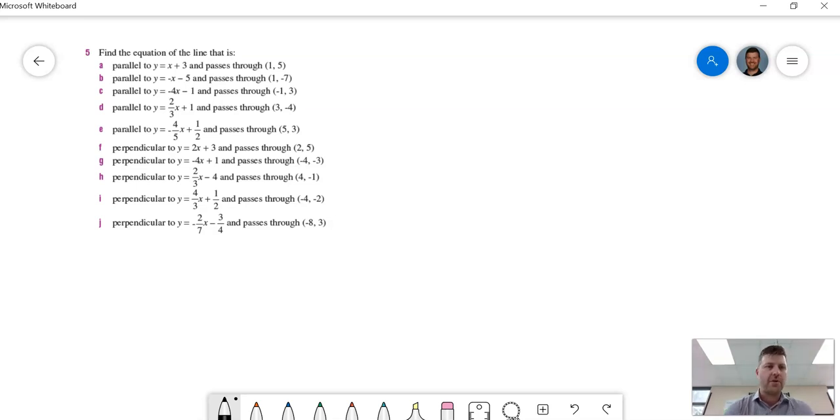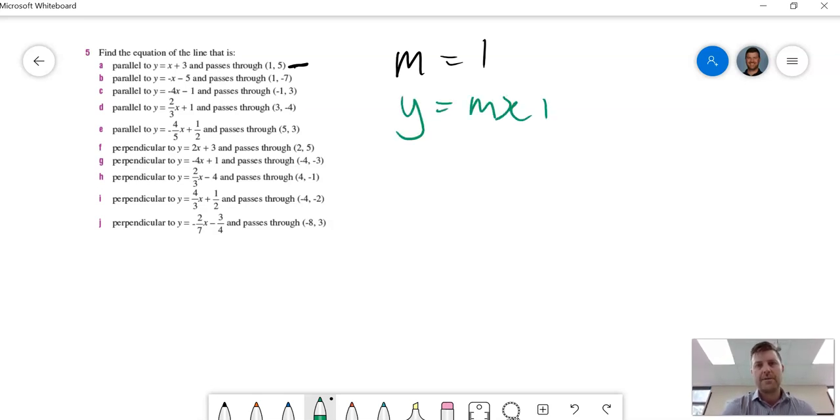It says, find the equation of a line that's parallel to y equals x plus 3 and passes through point or coordinates 1, 5. So, what I'm going to do is determine the gradient of that equation. We know that the gradient is +1. So the new equation I'm going to come up with, the equation that's parallel to y equals x plus 3 and passes through 1, 5, would have, let's write it out, y equals mx plus c.